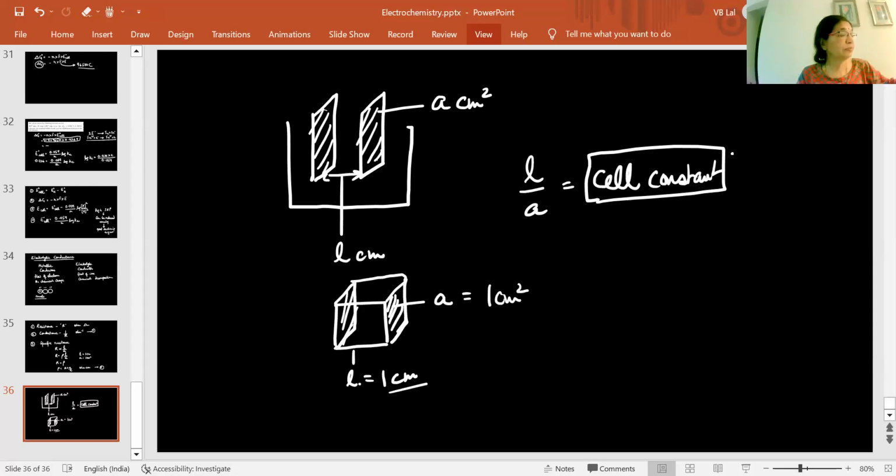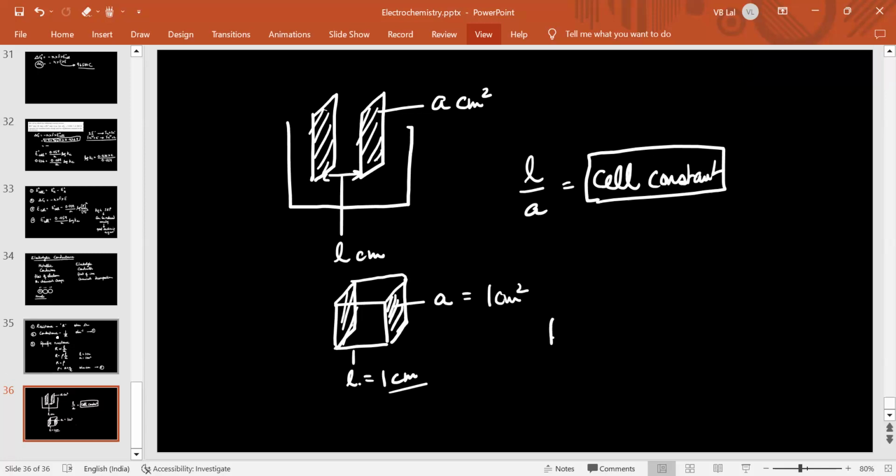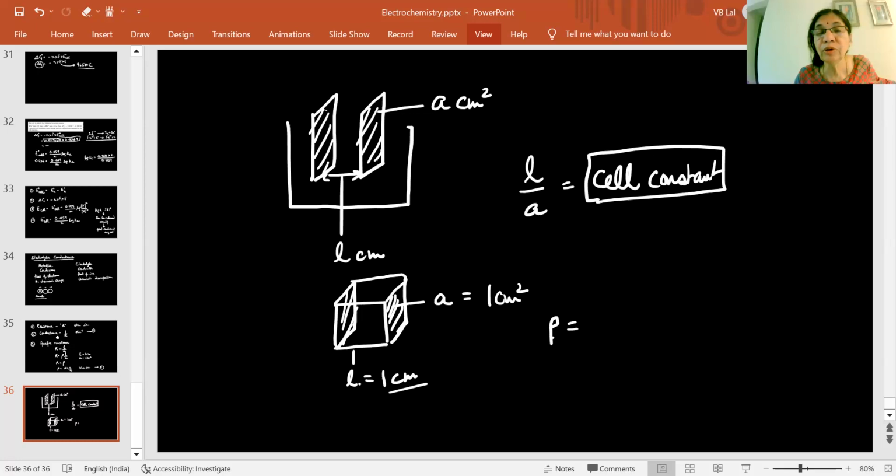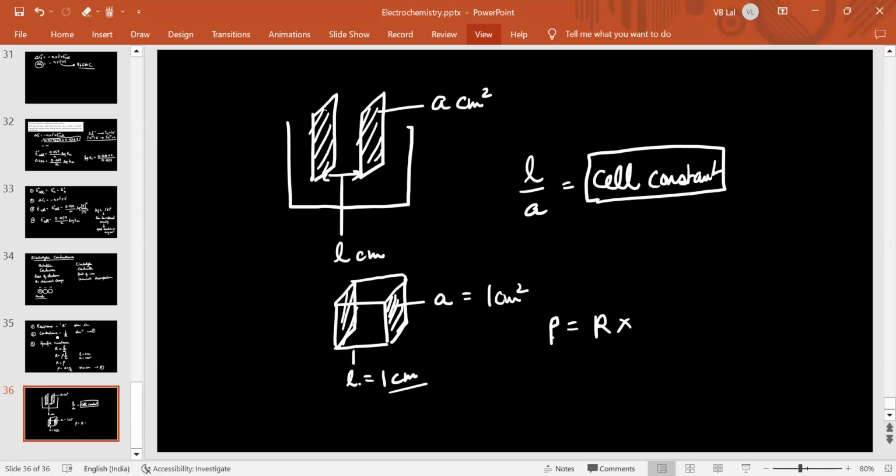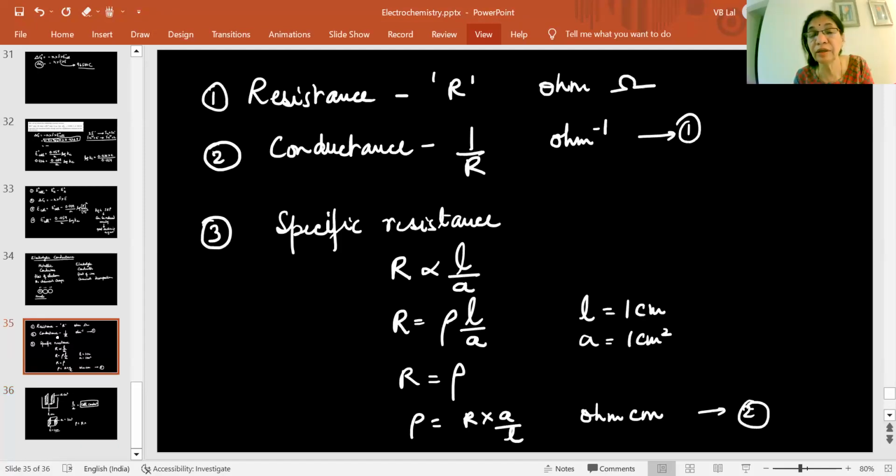So in this case, what will be the specific resistance? Specific resistance, rho, will be equal to R into L by A. We have just derived that here.